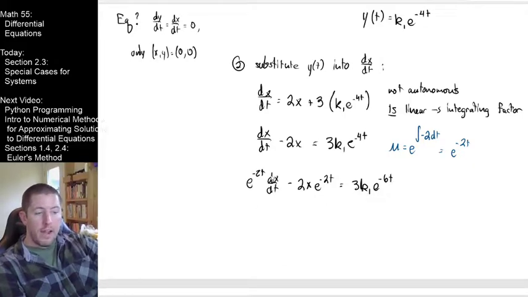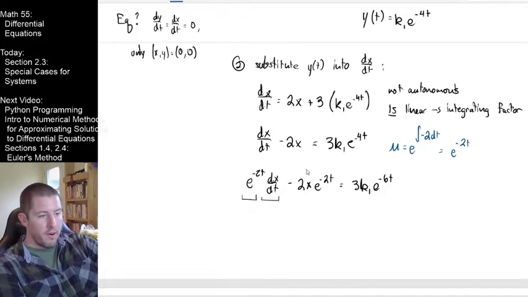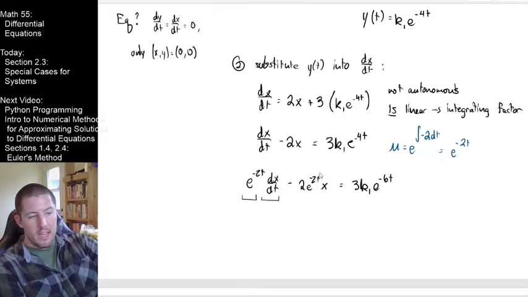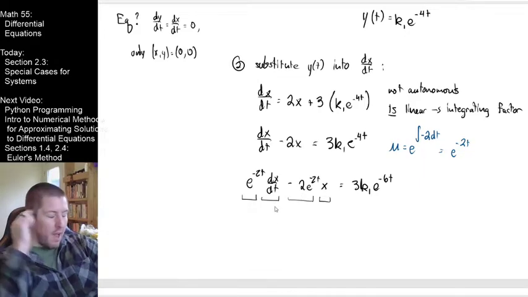Over here, on the left-hand side, what I should have done is rewrite my ordering so that this looks exactly like I want it to look. This is a minus 2 e to the negative 2t x. I'm jamming the e to the negative 2t in there because I know that this is now going to be my product rule.